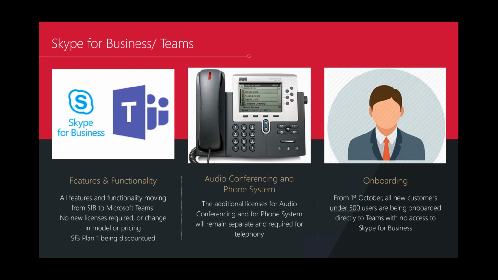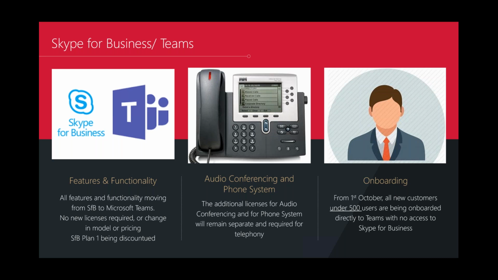Now that E1 license includes Skype for Business Plan 2, which means Office 365 E1 users would have seen, halfway through or towards the end of last year, additional functionality of desktop sharing and internal and external conferencing as part of the functionality, which is great.